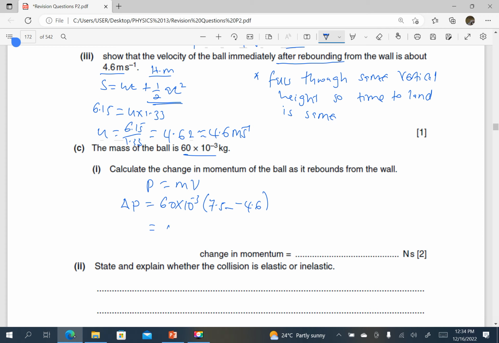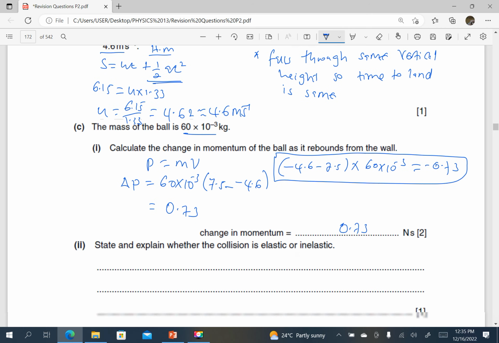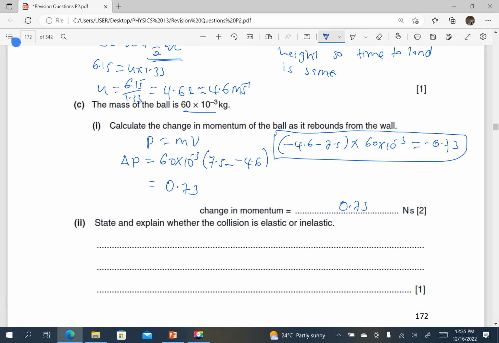So this is 0.73, or you would have got negative 4.6 minus 7.5, then times the mass, 60 times 10 power negative 3, which will give you negative 0.73. So this gives you the same magnitude. Of course, the negative would just imply that the change in momentum is in the opposite direction. The change in momentum of the ball is in the opposite direction to the change in momentum of the wall.